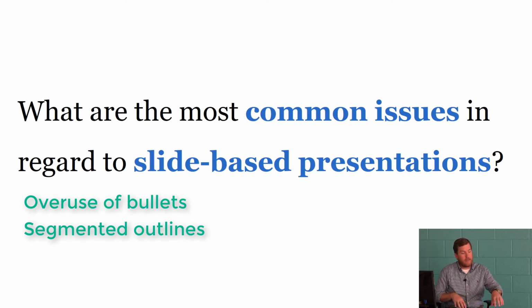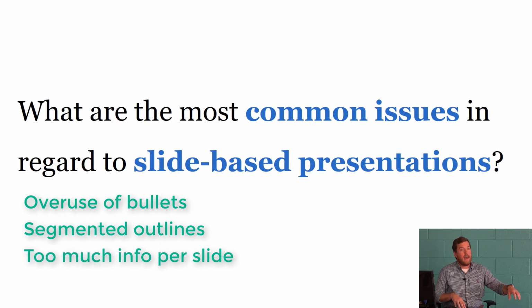And instead of having 3, 4, 5, 6 main ideas on a slide, having one main idea on a slide. I try to stay away from bullets as much as possible, but they do have a time and a place, you know.